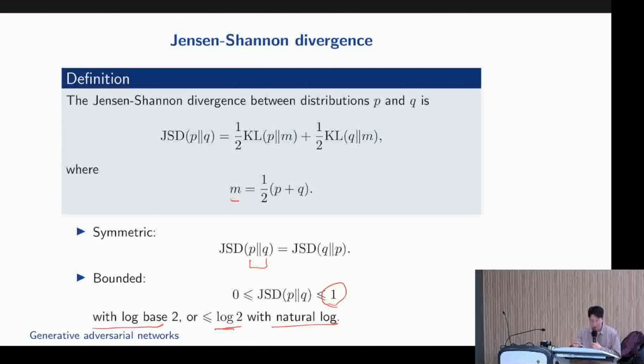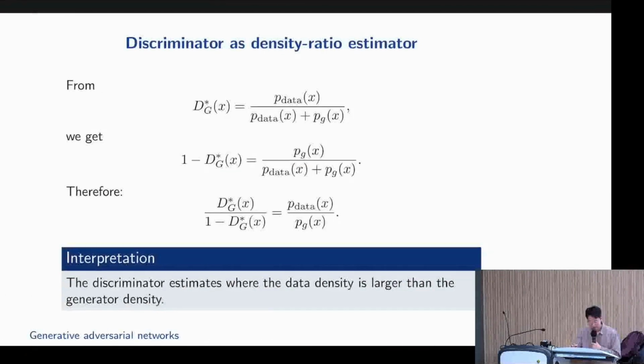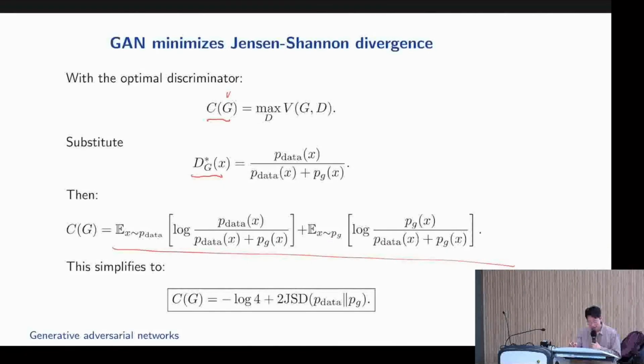The definition of KL we talked about, and it's easy to realize that if you plug in the definition of KL here and here, it's going to be negative log 4 plus 2 times JSD of the two distributions, P data and PG, the real distribution and fake distribution.